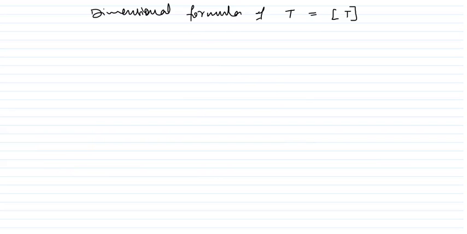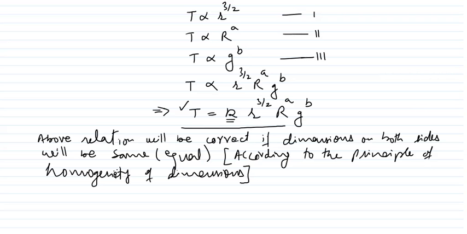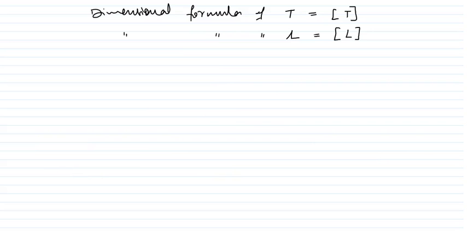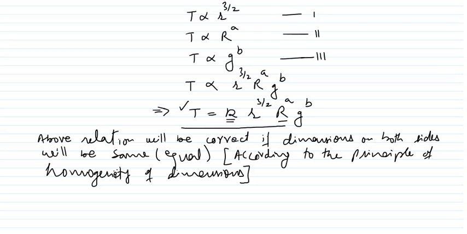Now next one is R. Dimensional formula of R is what? The radius. Radius means length. Therefore its dimensional formula will be L. So the dimensional formula of R is again L. Clear?